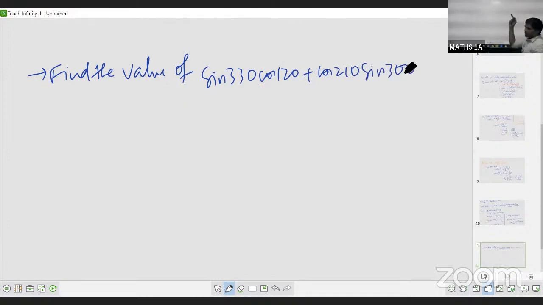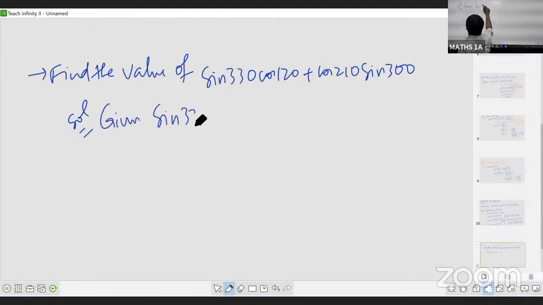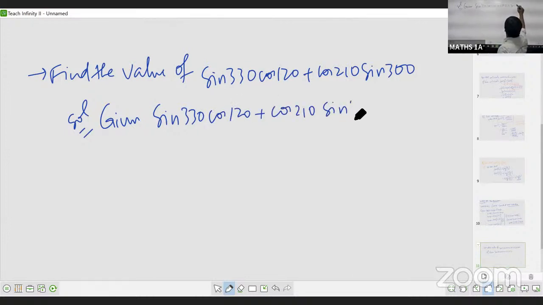It is asking us to find the value of sin 330 cos 120 plus cos 210 sin 300. What is given? Sin 330 cos 120 plus cos 210 sin 300.